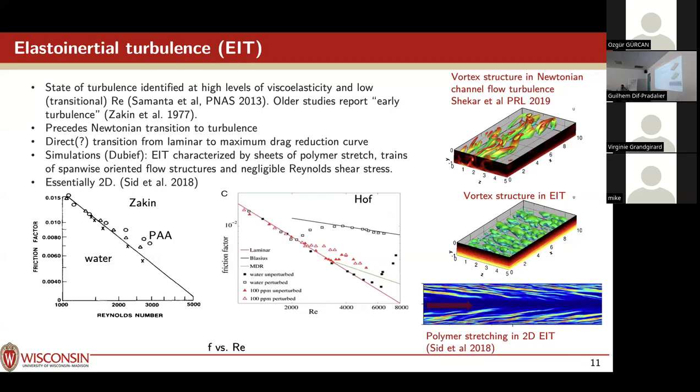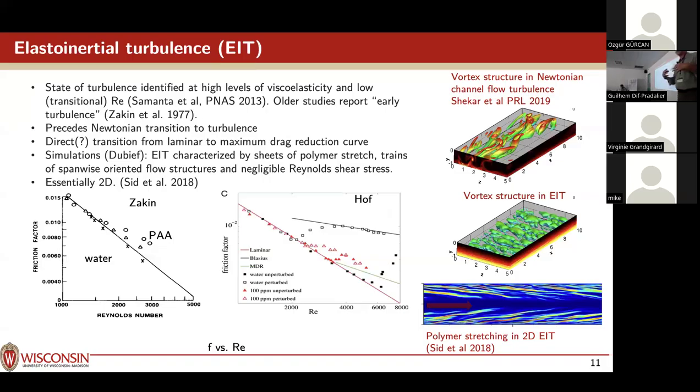Okay, and so these were the first computations to suggest what flow structures might be occurring in this, and in particular, what stress structures might be occurring, because you can't measure the stresses. So these are the first hints of what might be happening after the quasi-streamwise vortex states have been suppressed.